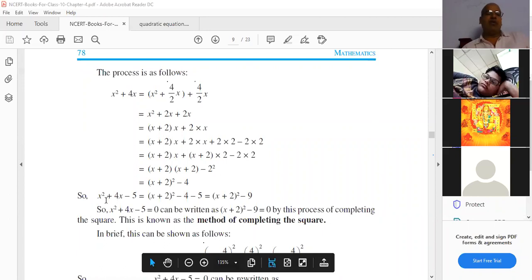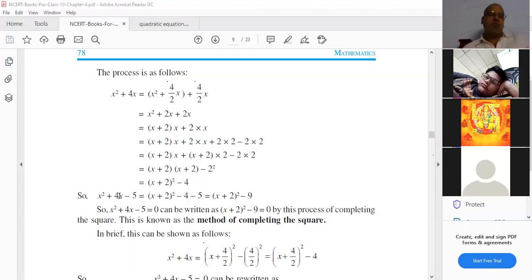I split 4x as 2ab. a means x, b means here I got 2. That's why I want the b square term. b square means here 2 square. That's why I added 2 square. The same extra I added, that's why I subtracted 2 square. 2 square extra came, that's why I subtracted the 2 square.